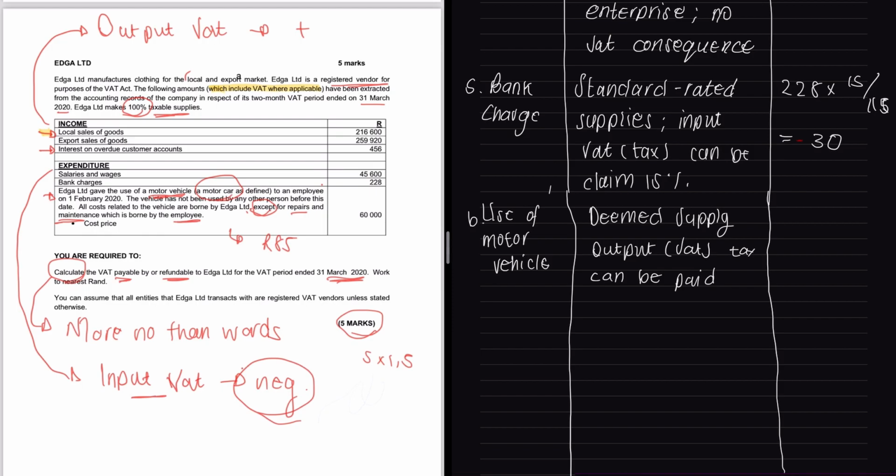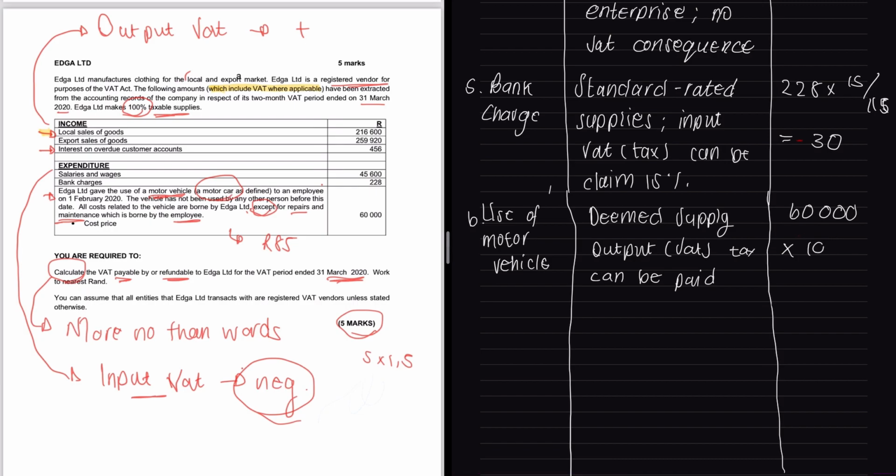We say cost of 60,000 always excludes VAT, whether the amount is inclusive of VAT or exclusive of VAT. So always excludes VAT, times 100 over 115. We are excluding VAT.